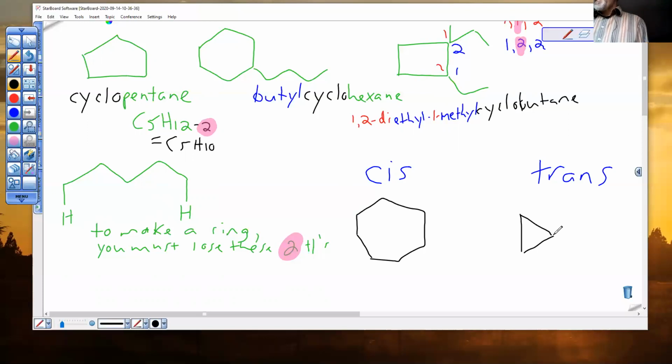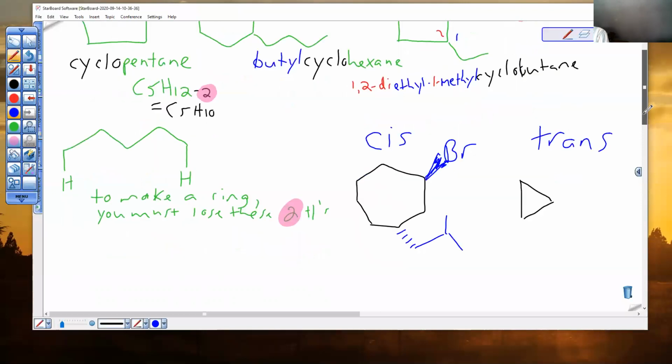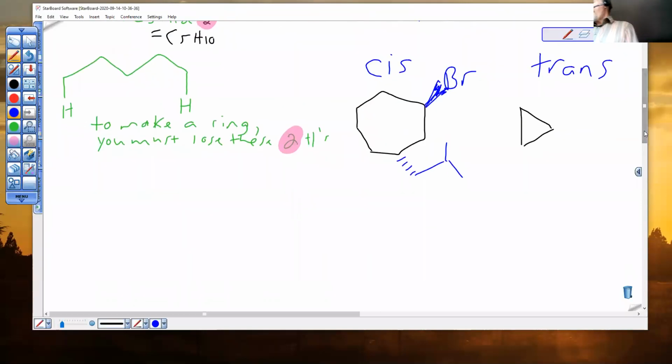And on this first example, if I had, say, sticking out of the page, a big old bromine, and going in behind the page, an isobutyl group, it would start with cis. And now we have a small issue.